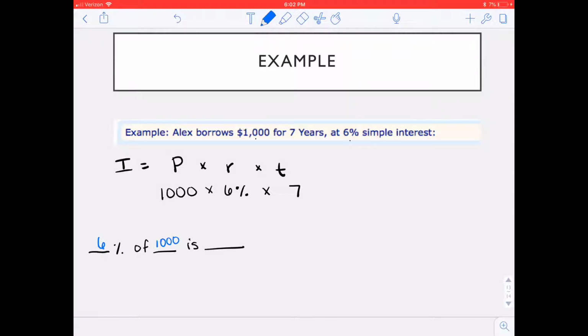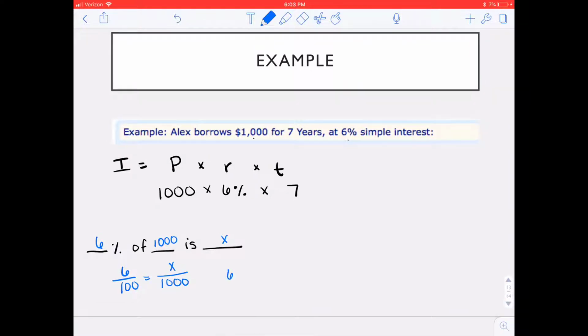So I'm trying to see what is the percentage amount here. That's 6 over 100 is equal to my is over my of. This makes it very easy for me to solve, especially because I'm working with numbers that are based off of 10. So I do 1,000 times 6, and that gives me 6,000, which is equal to 100x.